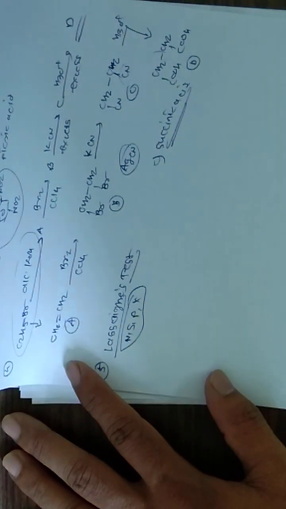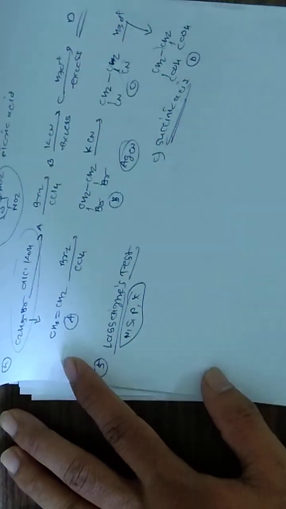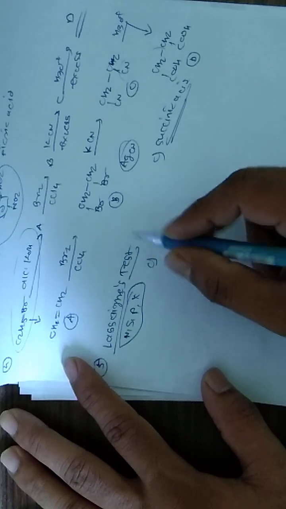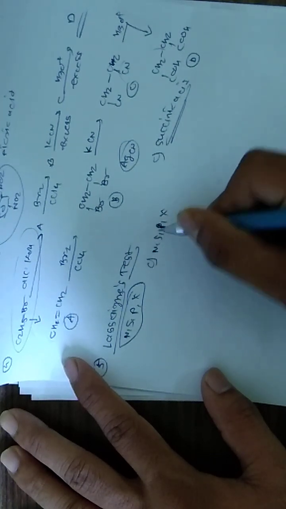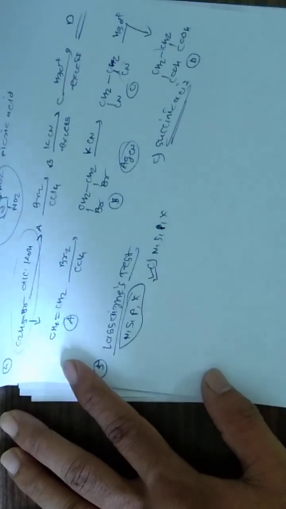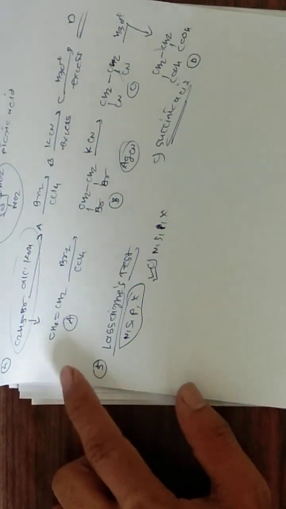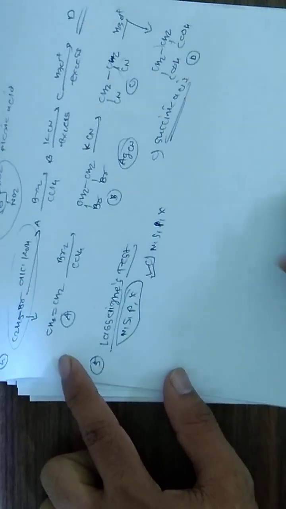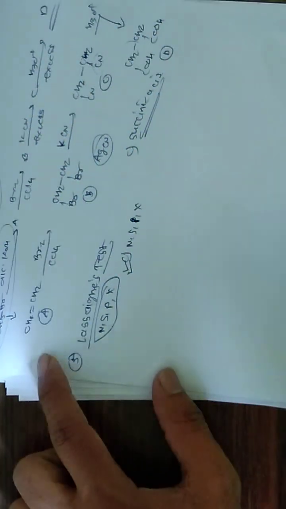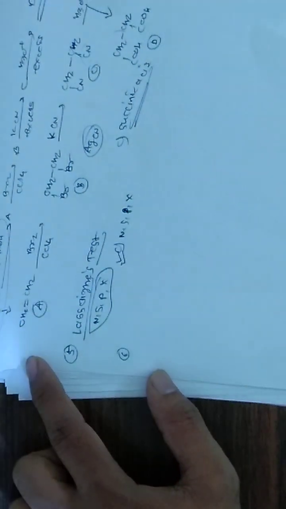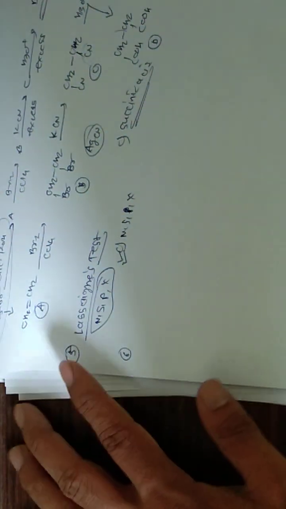Here four simple options are given, and among these the C option, nitrogen, sulfur, phosphorus and halogen, is correct. This is the easiest question. If you have studied that, then you can answer easily. Now the next question is also a very simple question.